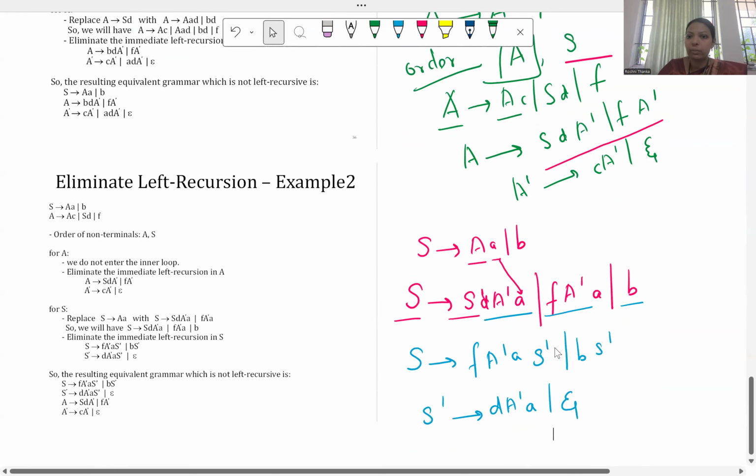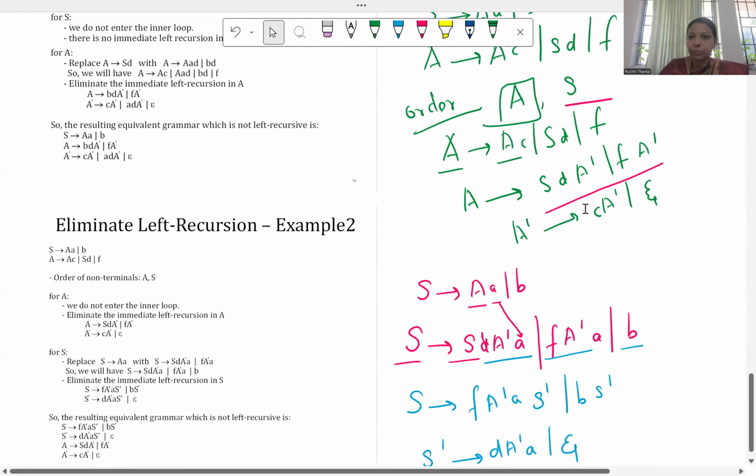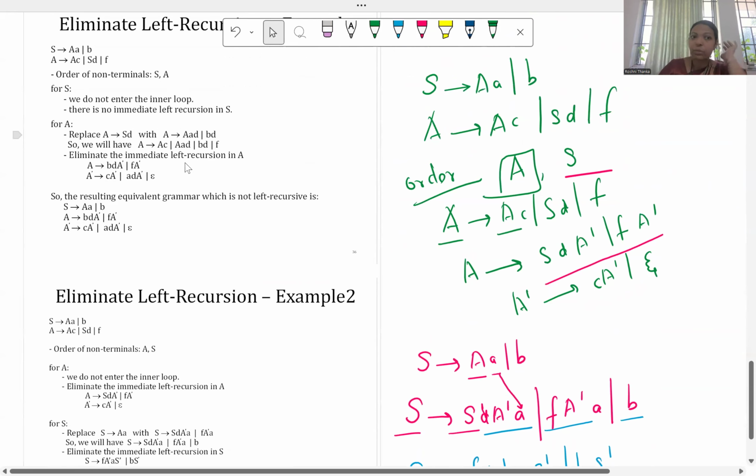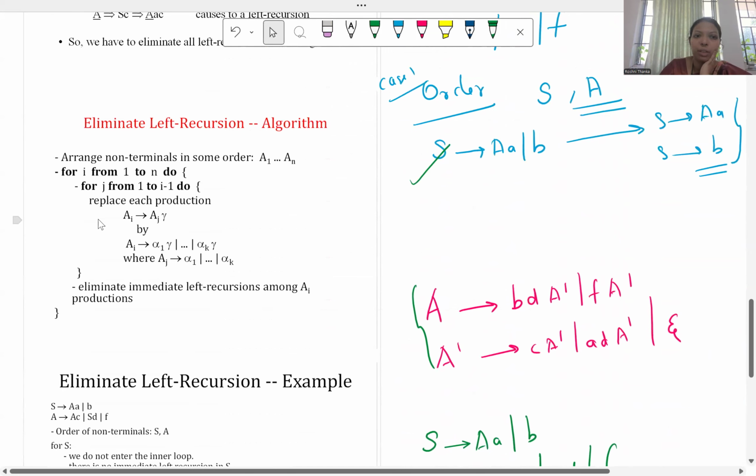First we replaced all the S with its productions, and then we do the left recursion elimination. So replace each production: for example, if you have a production Ai tends to Aj gamma, then this Aj has substitutions. What is Aj? Aj is alpha 1 up to alpha k. So we replace this Aj with alpha 1 gamma, alpha 2 gamma, up to alpha k gamma. That is the algorithm for indirect left recursion.